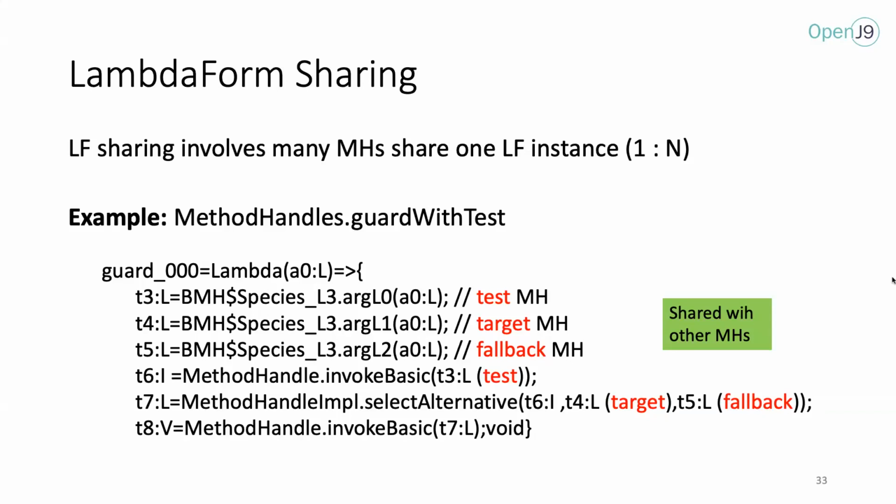And the result of T7 is being used in T8, where we either invoke the target method handle or the fallback method handle. The shareable properties are the first 3 expressions, T3, T4, T5, which means any guard method handle which uses this LambdaForm can vary the input test, target and fallback and reuse this LambdaForm.